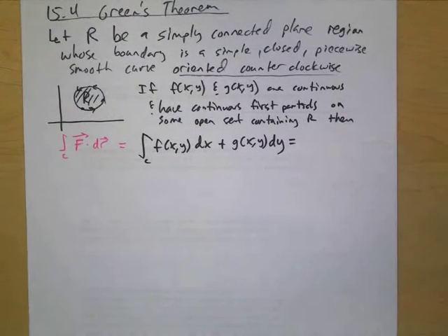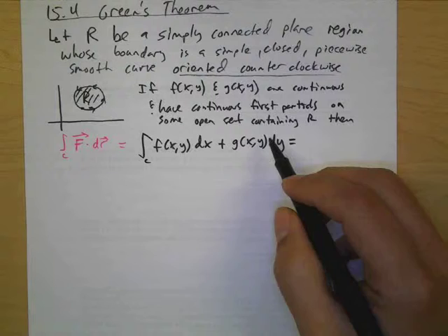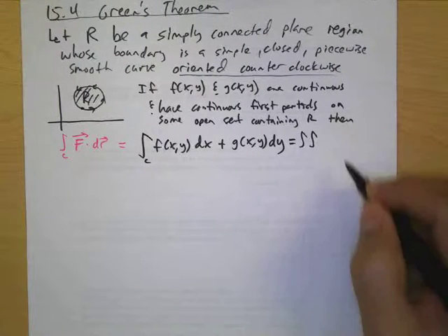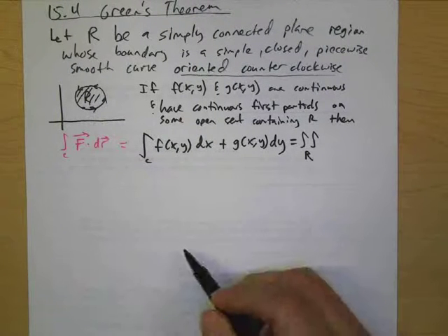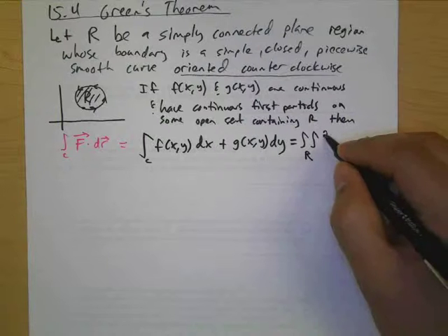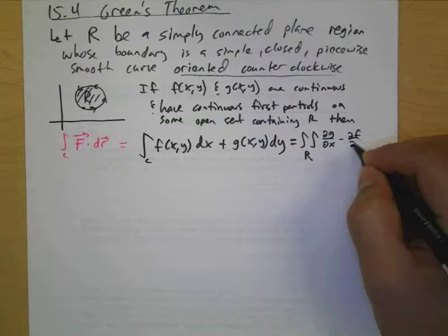And this is now where we start to bring in things that we learned before. So this is a very nice theorem for us. We could perform this computation by doing the double integral over whatever that region R is that's contained within the curve of partial g partial x minus partial f partial y dA.